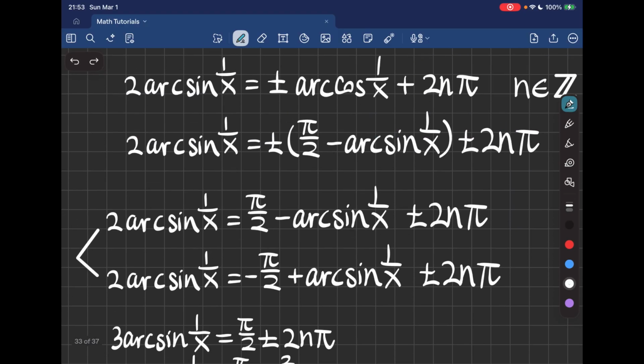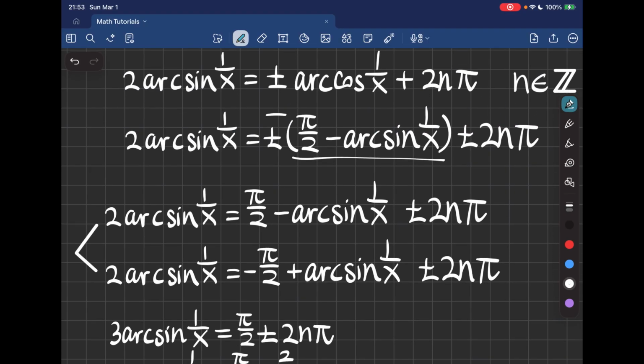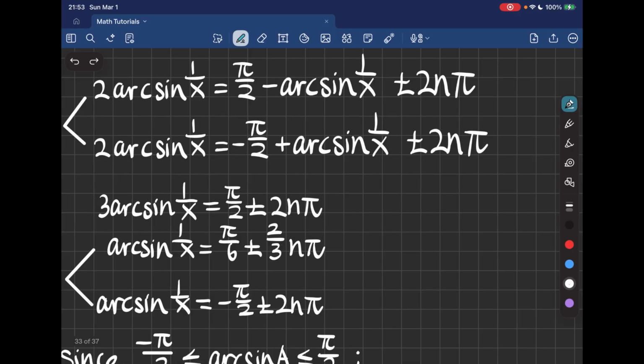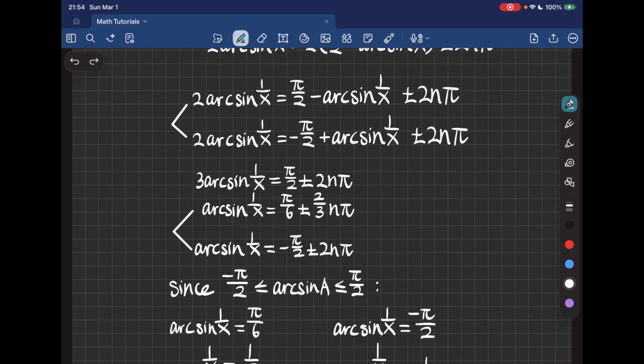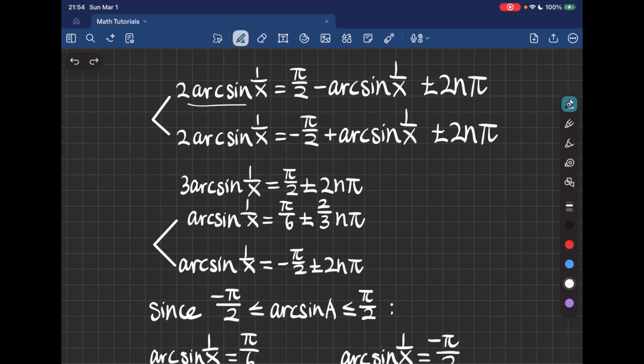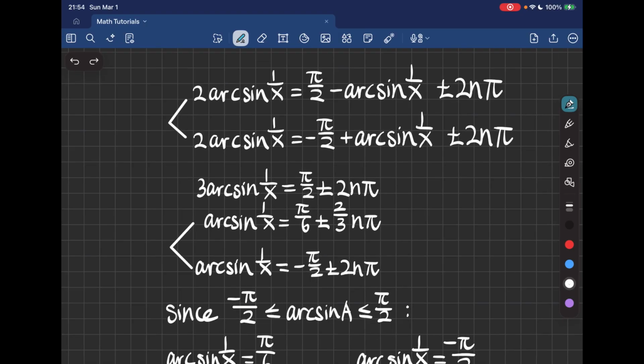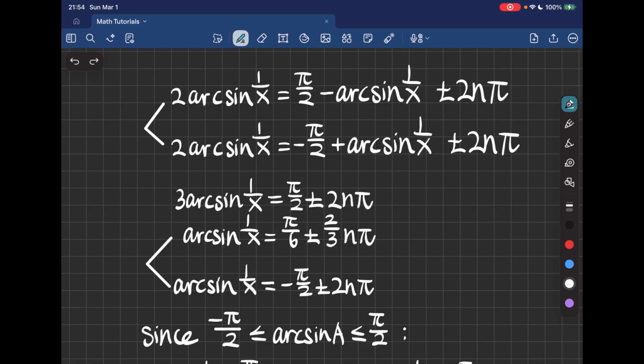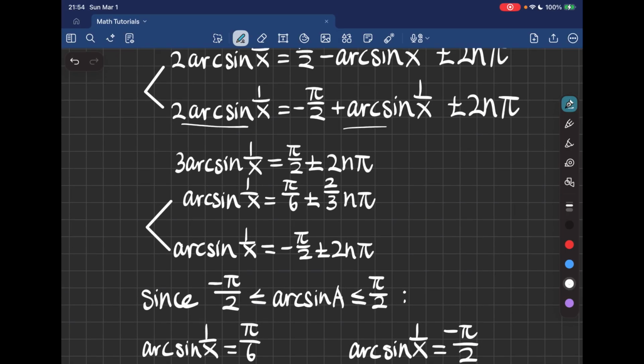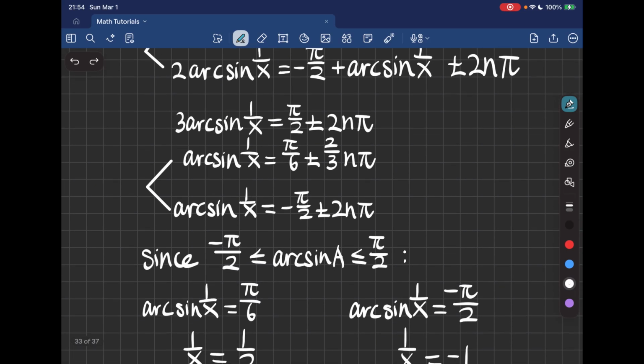The other is the negative one for this entire thing, plus 2n pi, and you can start solving these. Now you add 2 arc sine 1 over x to here, and you have 3 arc sine 1 over x equals this thing left. For the other side, you will have arc sine 1 over x on one side and negative pi over 2 plus or minus 2n pi right here, right?